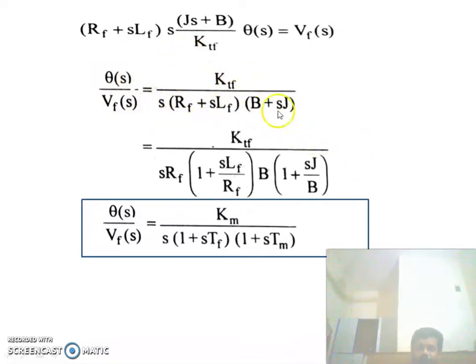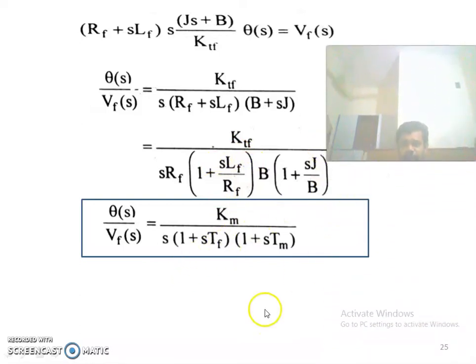Now we are going to write this transfer function in a different way. From the first term, we are taking Rf outside. So, we will be getting s into 1 plus s Lf by Rf. From the second term, we are taking b outside. So, we will be getting 1 plus s into J by b. We can take Lf by Rf as Tf and J by b as Tm.